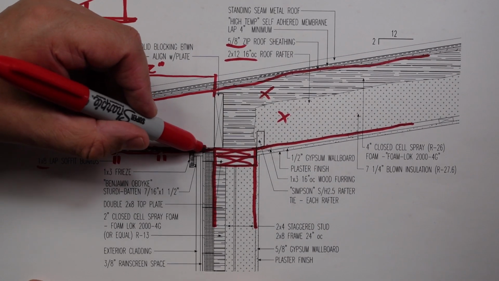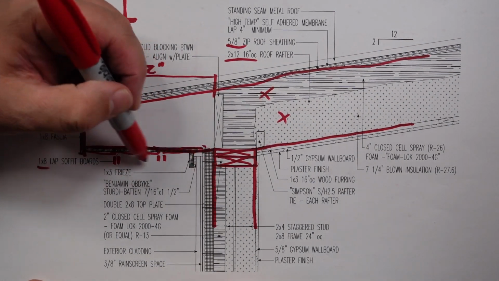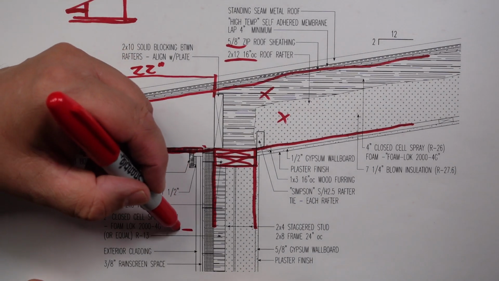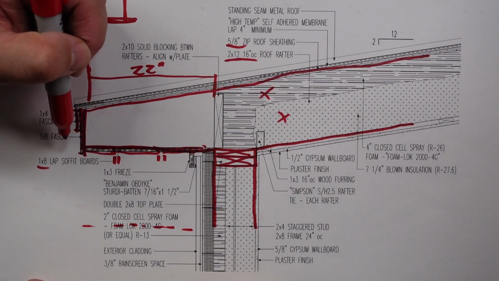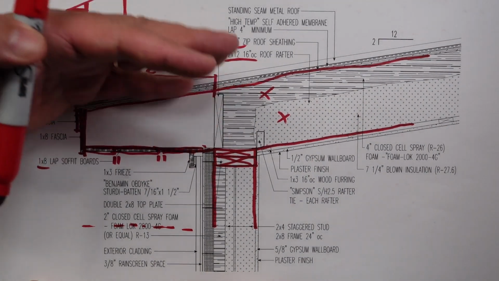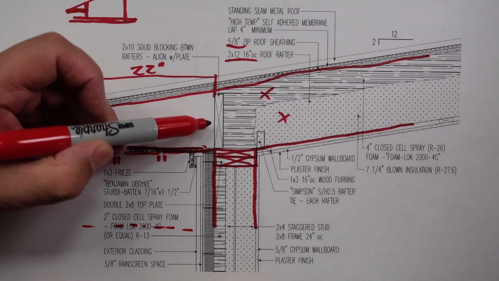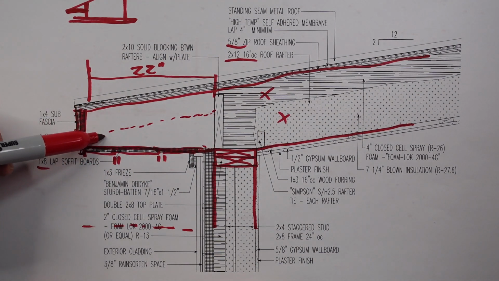So by cutting that bird's mouth and cutting out the rafter so that it's level with the ground below, we get this strong anchoring point of the roof, as opposed to if we went up here and cut this down.